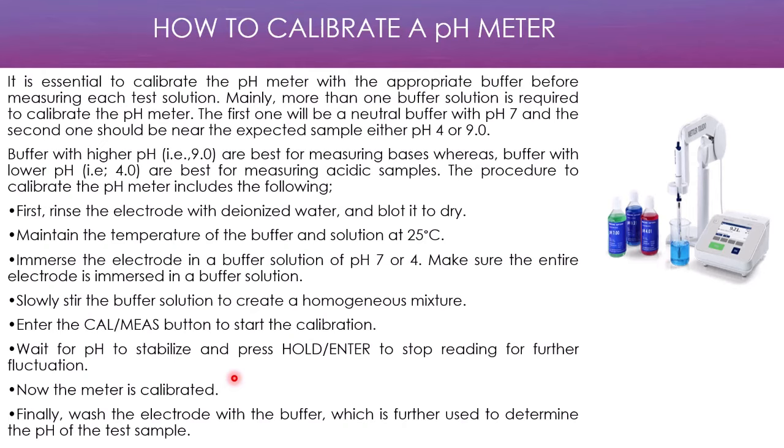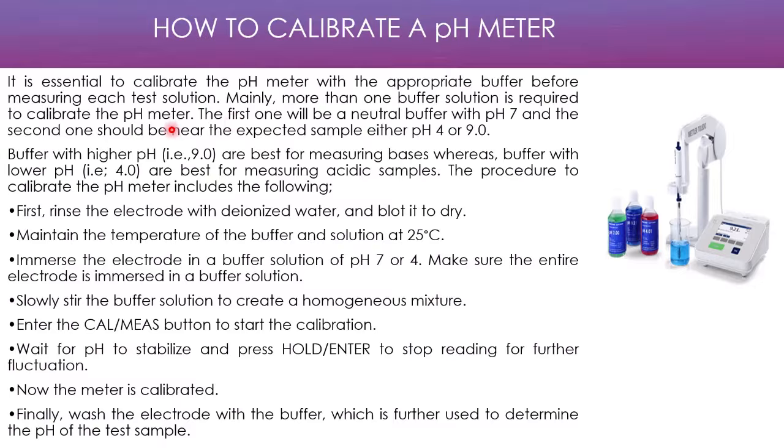How to calibrate the pH meter? It is essential to calibrate the pH meter with the appropriate buffer before measuring each test solution. Mainly, more than 1 buffer solution is required to calibrate the pH meter.